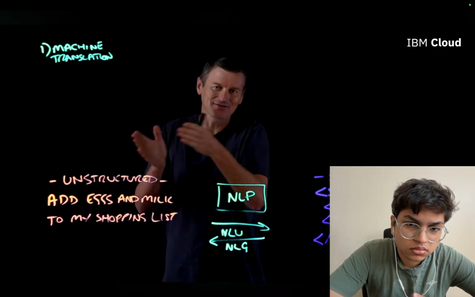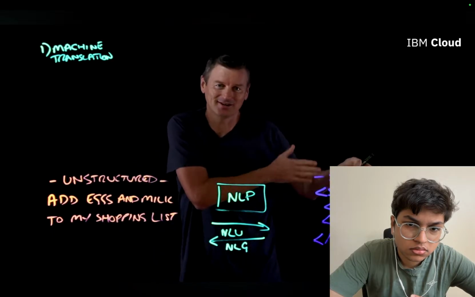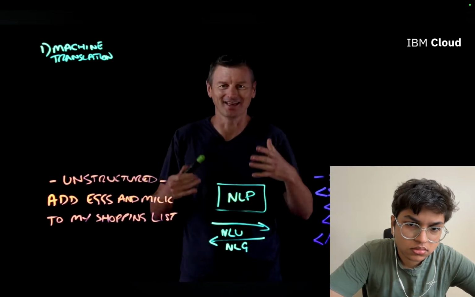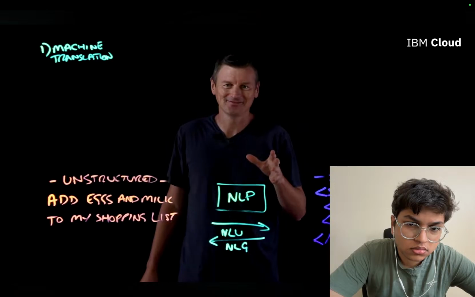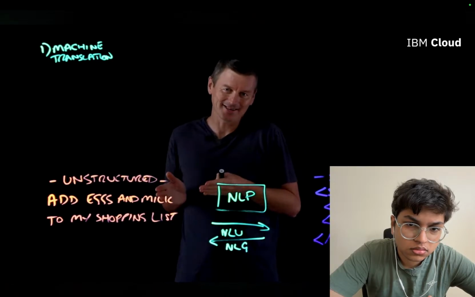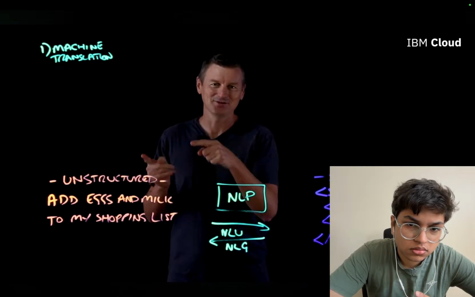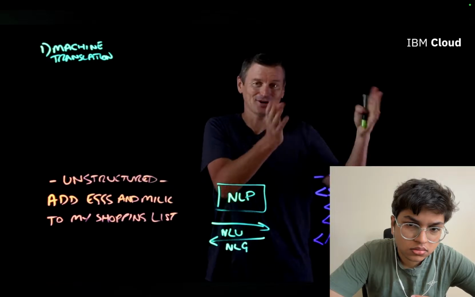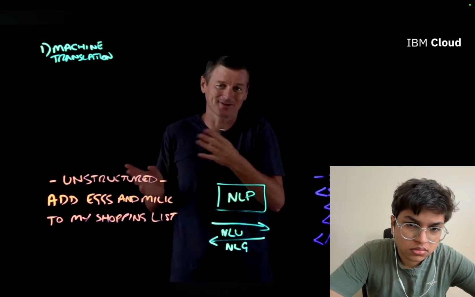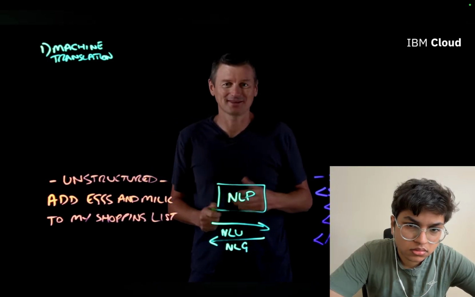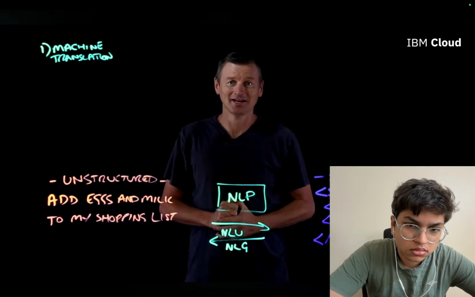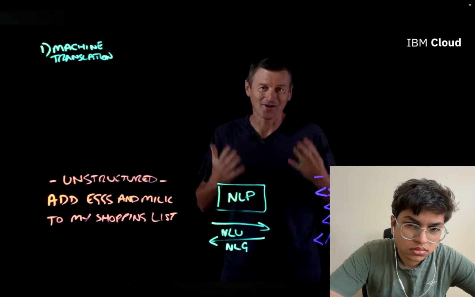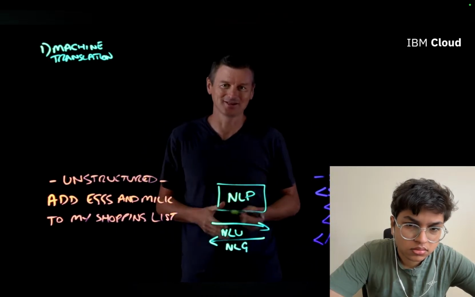It's not just a case of taking each individual word from, say, English and then translating it into another language. We need to understand the overall structure and context of what's being said. And my favorite example of this going horribly wrong is if you take the phrase, the spirit is willing, but the flesh is weak, and you translate that from English to Russian, and then you translate that Russian translation back into English, you're going to go from the spirit is willing, but the flesh is weak, to something a bit more like the vodka is good, but the meat is rotten, which is really not the intended context of that sentence whatsoever. So NLP can help with situations like that.